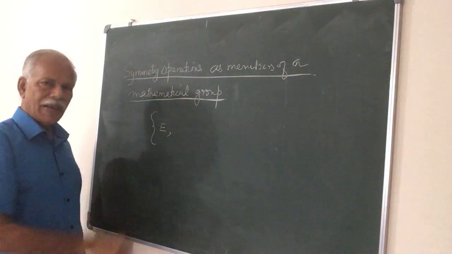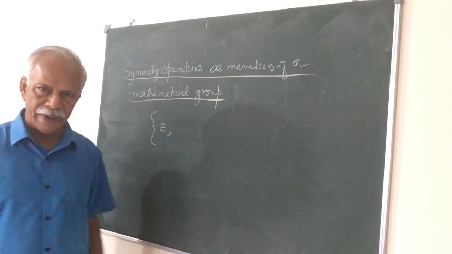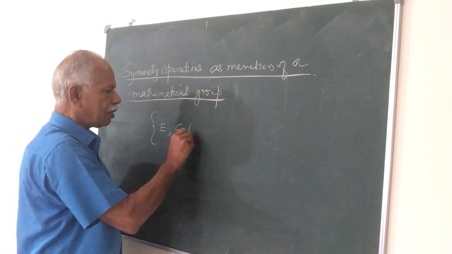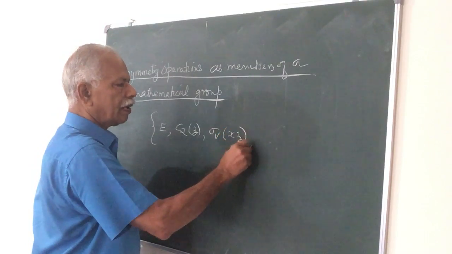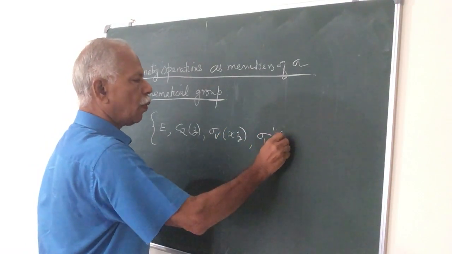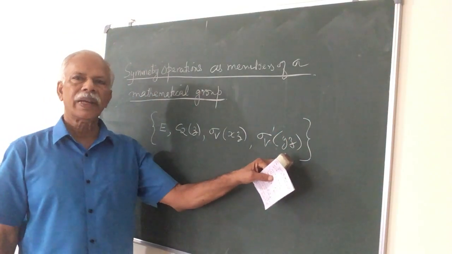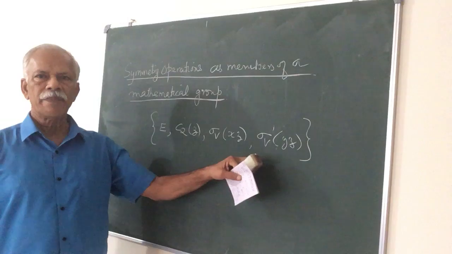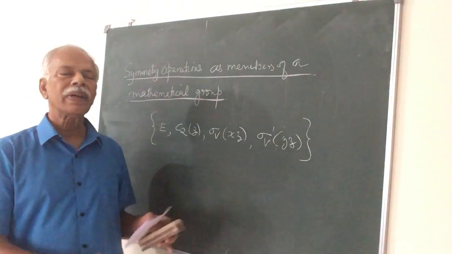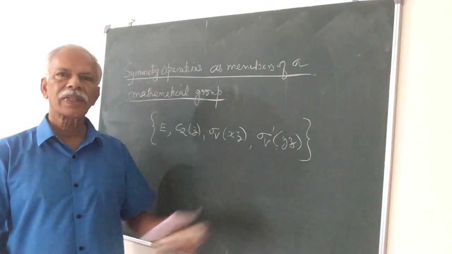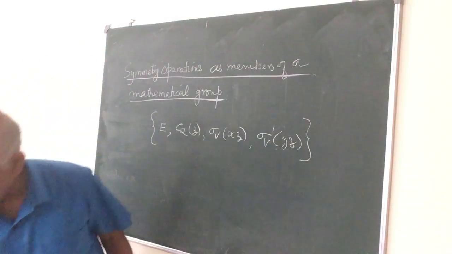Identity has to be included, then only the group property will be satisfied. Then we have C2Z, then sigma V XZ, sigma V dash YZ. With the Cartesian coordinate system, the symmetry operations or symmetry elements can be indicated by the Cartesian notations as well. That helps you to get the product easily.